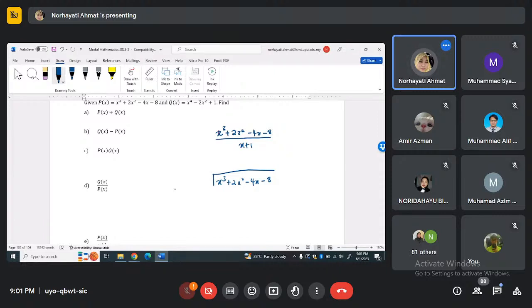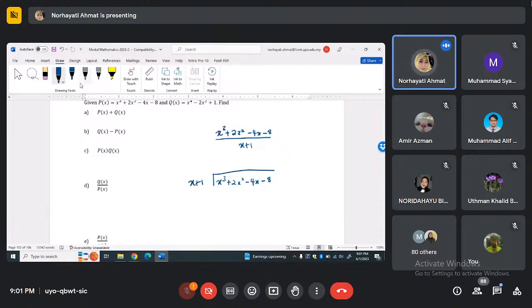Understand, class? Boleh? So in this example, the numerator has degree 3 and the denominator has degree 1. So we need to reduce the degree of the numerator.